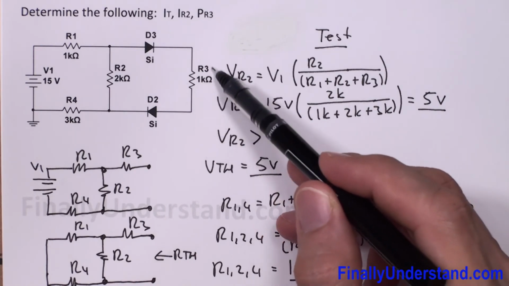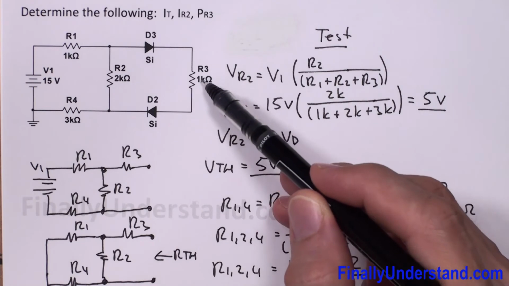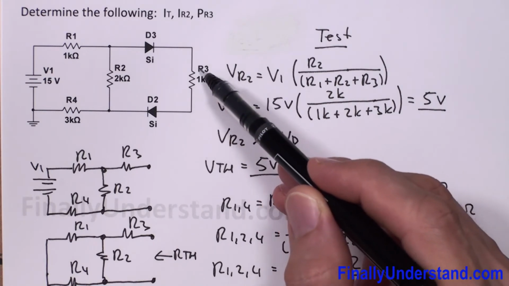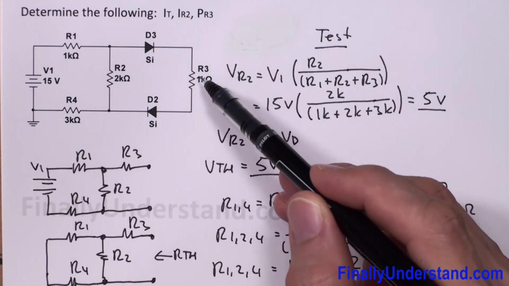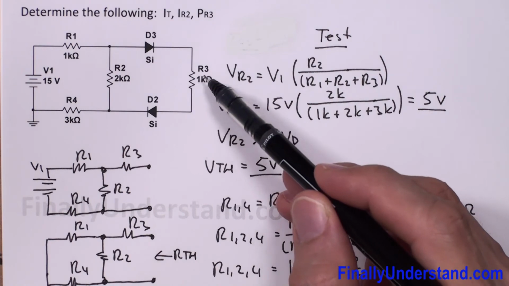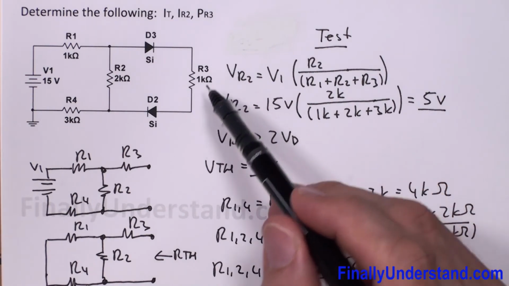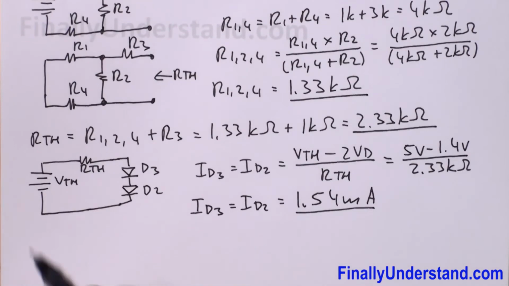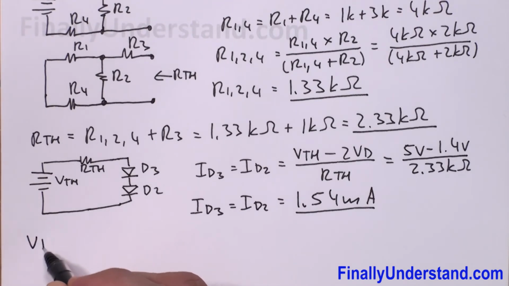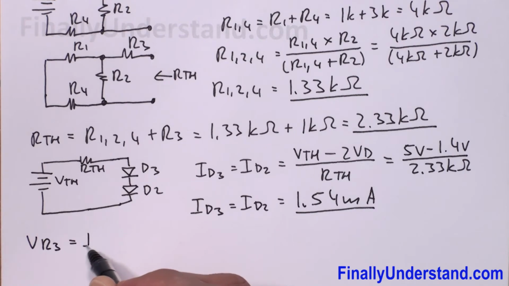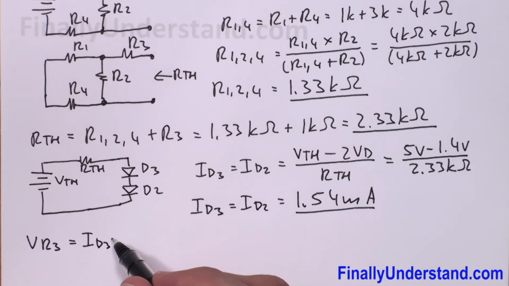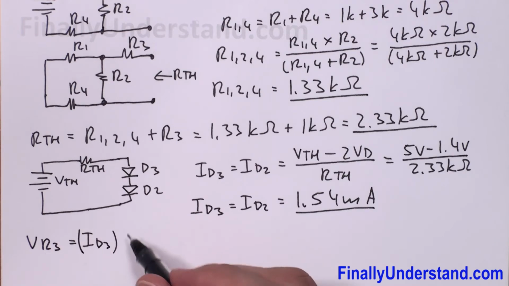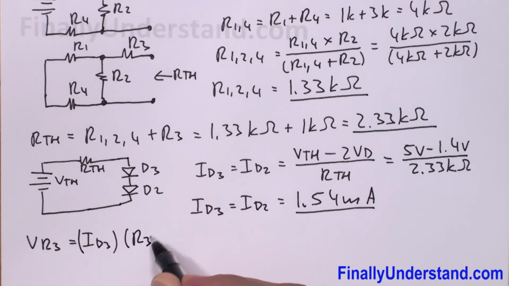So I can find the voltage across this resistor. Voltage across this resistor is the current ID3, for example, times this resistance. So let's find it. So we have VR3 is equal ID3, it could be also ID2, times resistor R3.